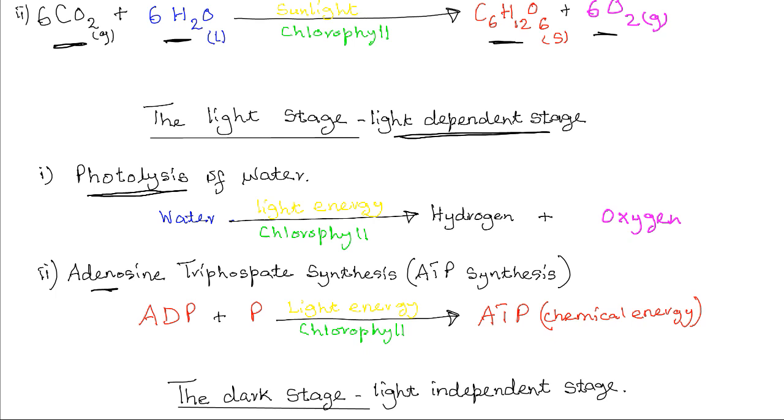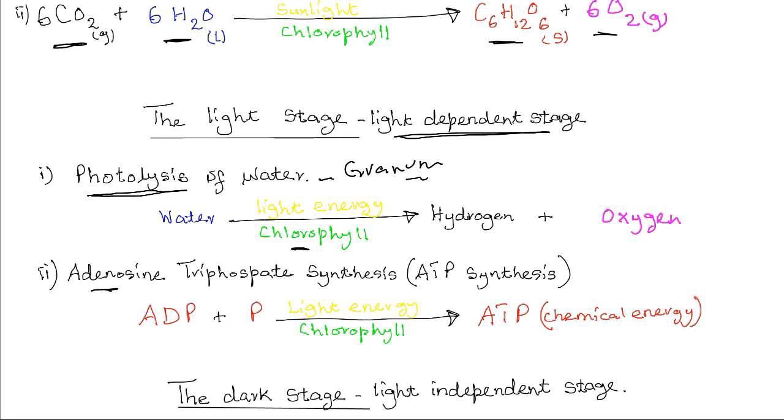So some of the light energy is used to combine adenosine diphosphate and a phosphate molecule to form the adenosine triphosphate, or ATP. The ATP molecule is the energy molecule in cells.